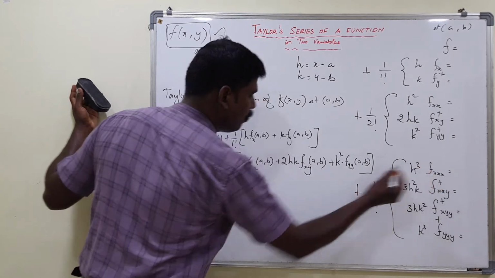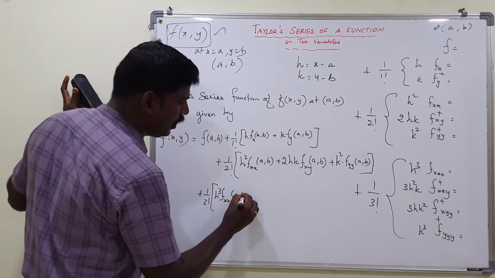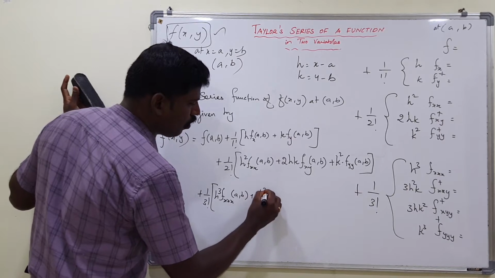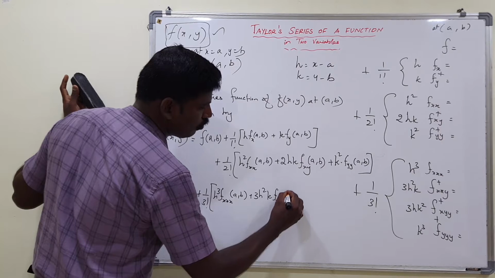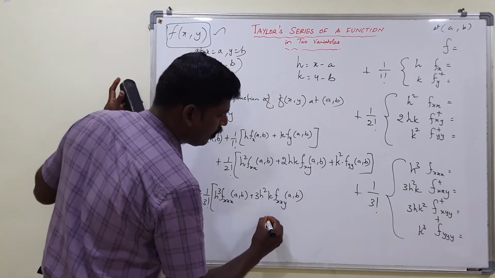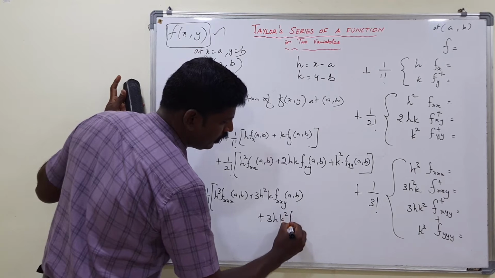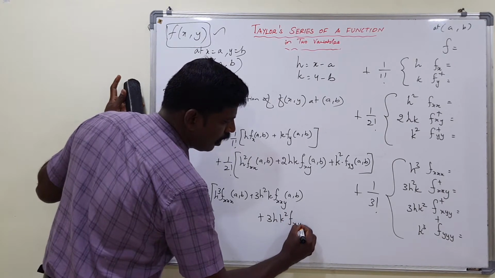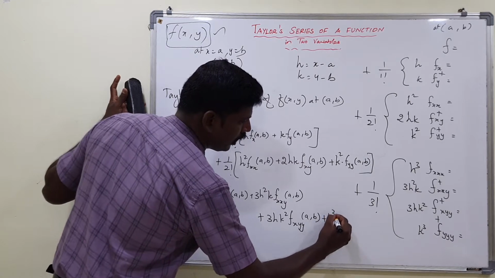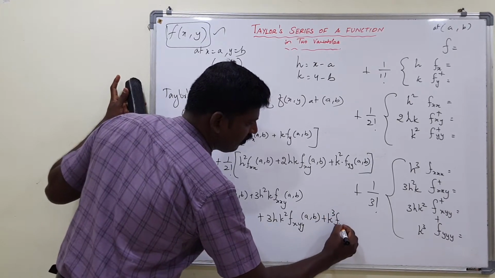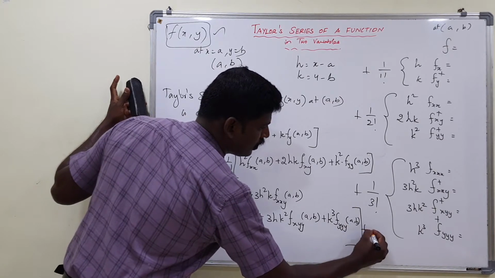So h cube of f triple x of a comma b plus 3h square k into f double x y of a comma b plus 3h into k square into f x double y of a comma b plus k cube into f triple y of a comma b plus dot dot dot.